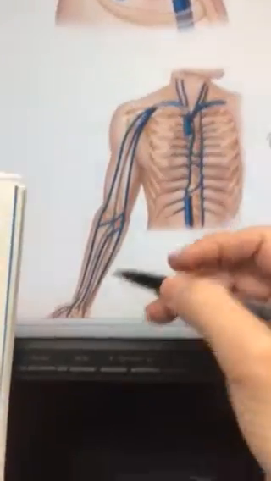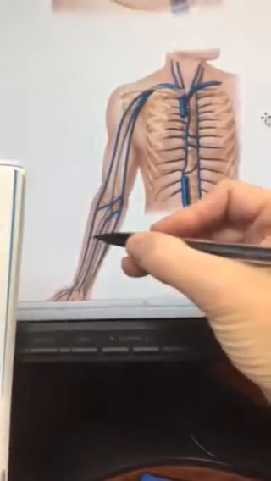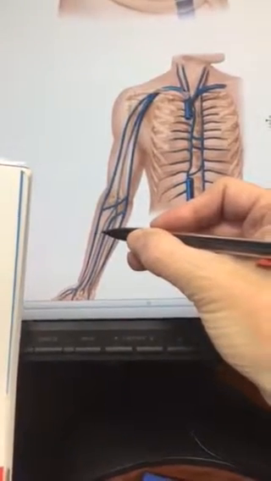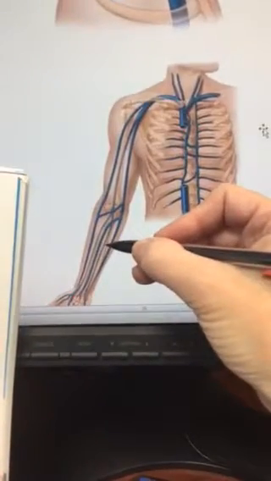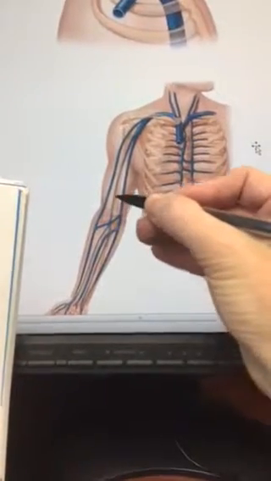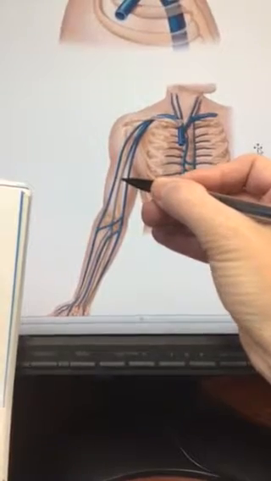So the unlabeled vessels here in the arm. Let's go ahead and we'll start with the radial and the ulnar like we did with the labeled picture. So this is the right radial vein. This is the right ulnar vein. As they come together, we get the right brachial vein.